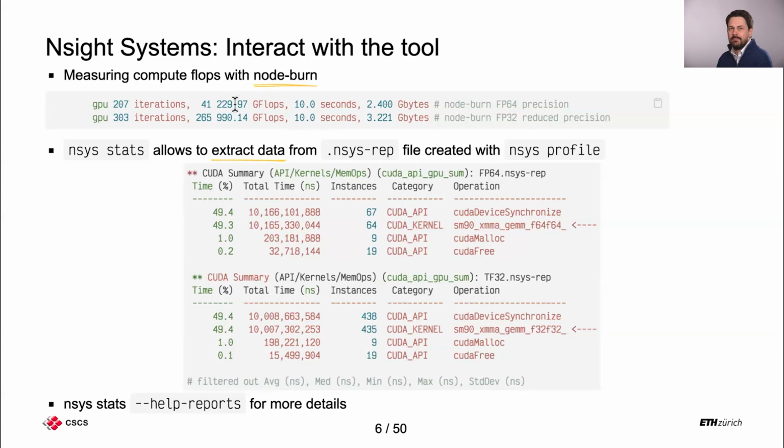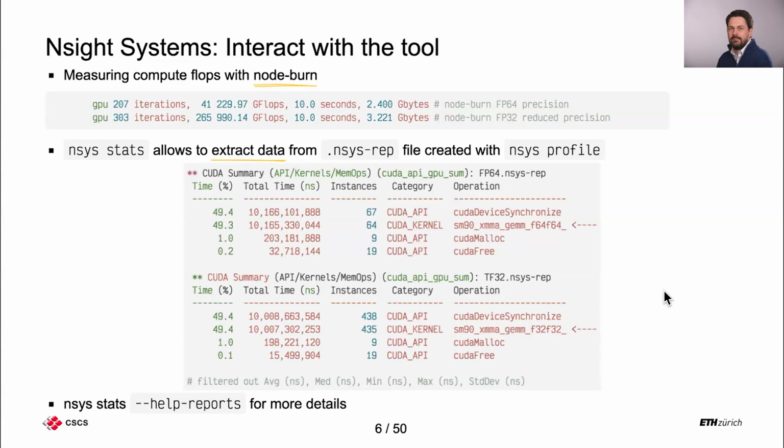Daniel was showing the performance of node burn with double and reduced precision, and he was saying that you get 6 times faster by using reduced precision, and the tool will show that actually, yes, it's because it's using an optimized cuBLAS GEMM function.